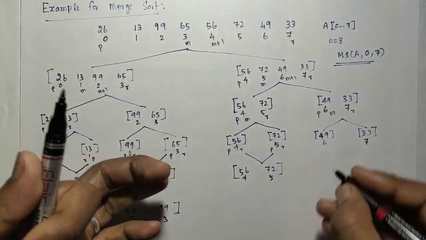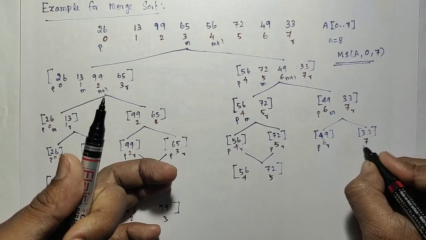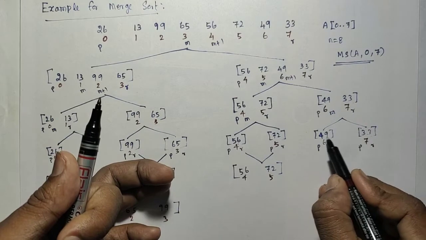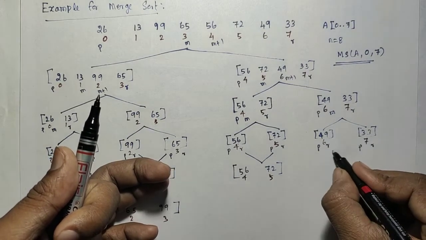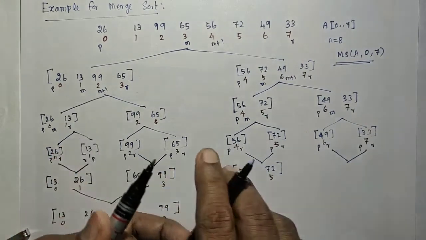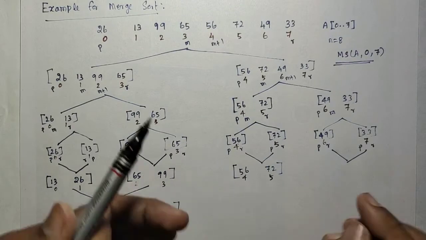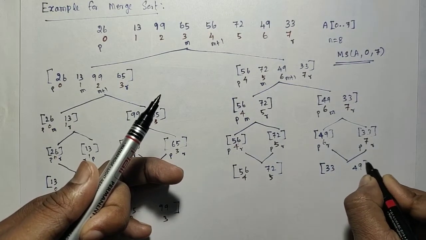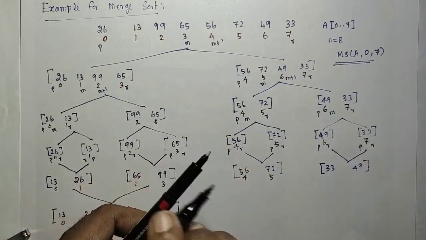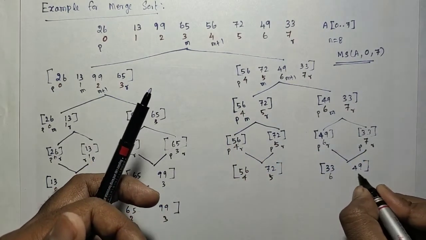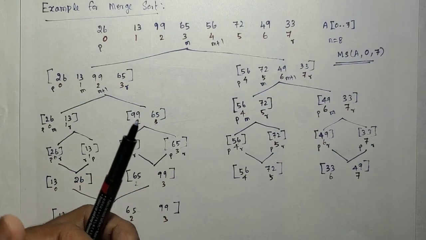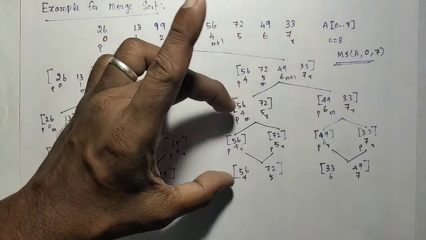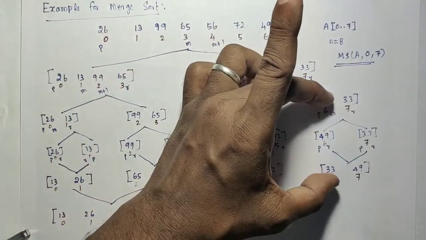Here P and R will be the same, so after sorting nothing happened. Now I need to merge these two. If you merge these two, this will become 33 and 49. These elements will get swapped, so at index 6 is 33 and at index 7 is 49. So this half is sorted.